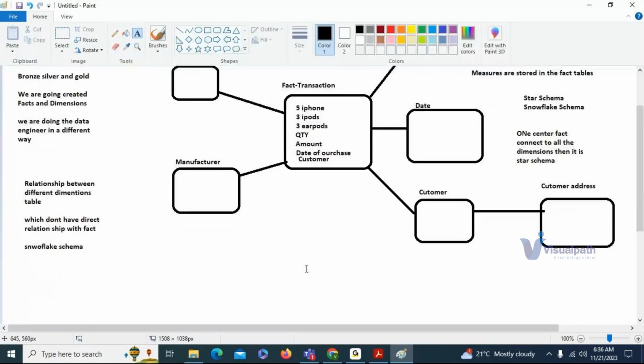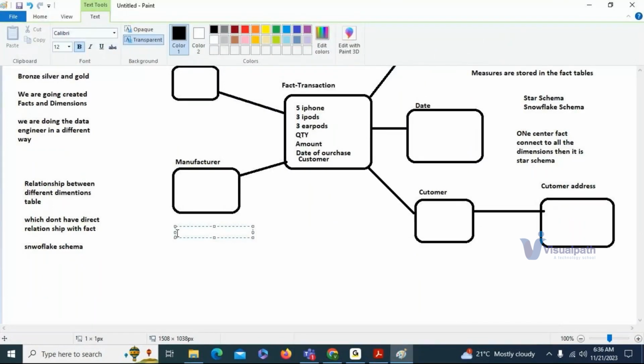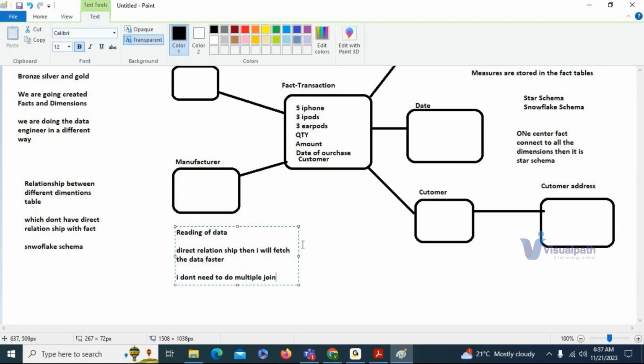If I'm reading data and it comes to performance, if I have a direct relationship, then I will fetch the data faster. I don't need to do multiple joins. If I do multiple joins, then it will become slightly slow.